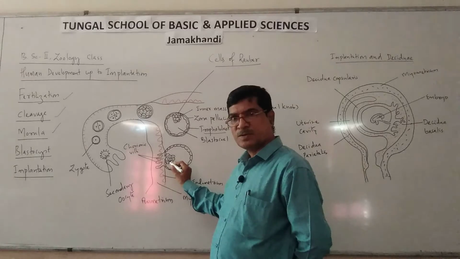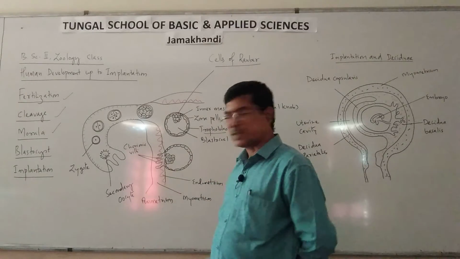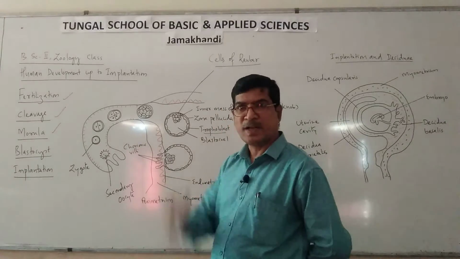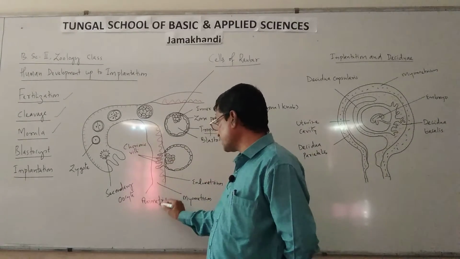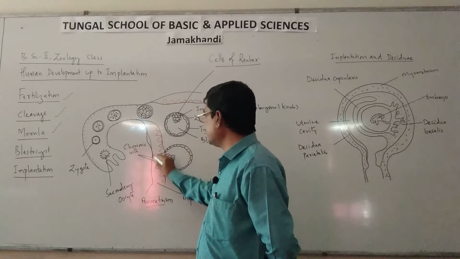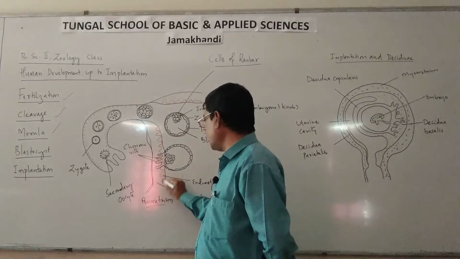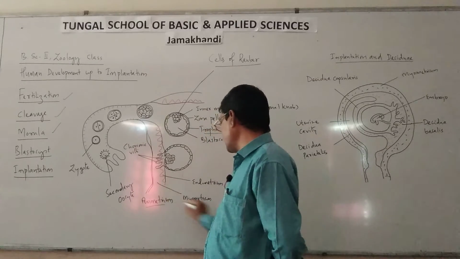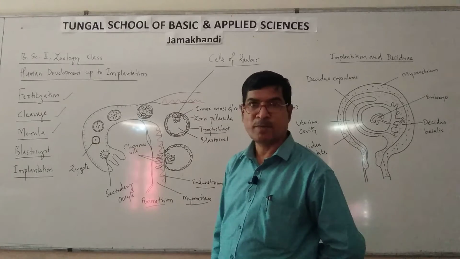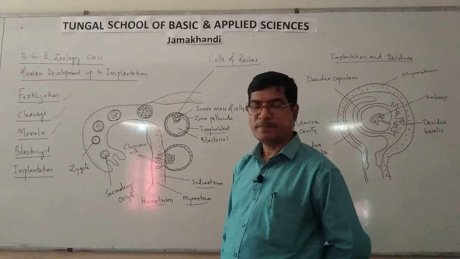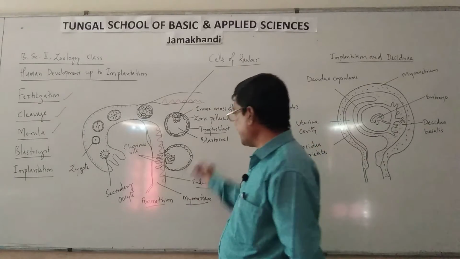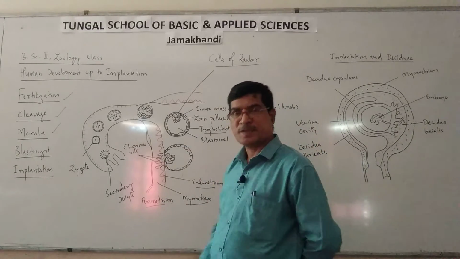The wall of the uterus is divided into three layers. The outermost layer is called the perimetrium, a very thin layer. The middle layer is called the myometrium, and the innermost layer is called the endometrium. This endometrium is very important as far as attachment of the blastocyst is concerned.